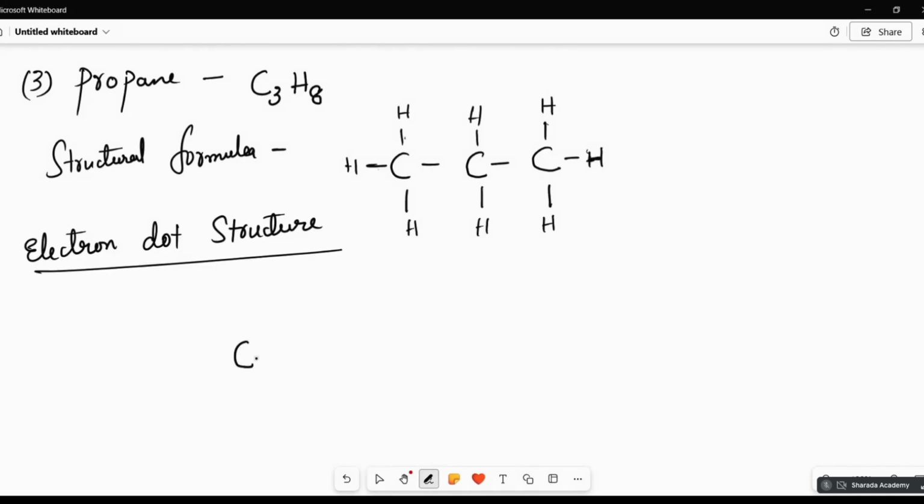Three carbon are there here. For each carbon we have four outermost electrons.